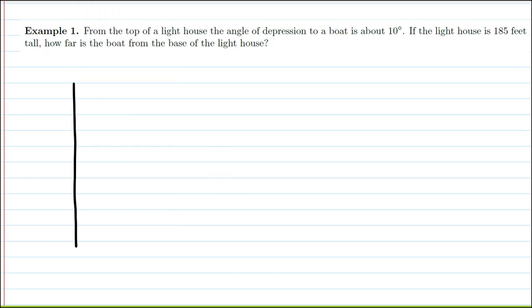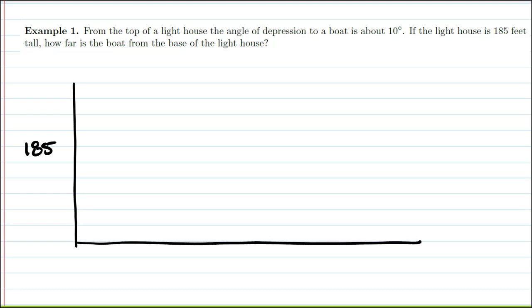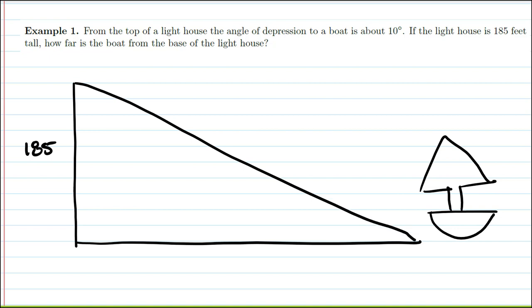So here's my lighthouse, and we know that it is 185 feet. And then we have our water down here. We have our boat down here, and we're told that looking down from the top of the lighthouse, that the angle of depression is about 10 degrees.